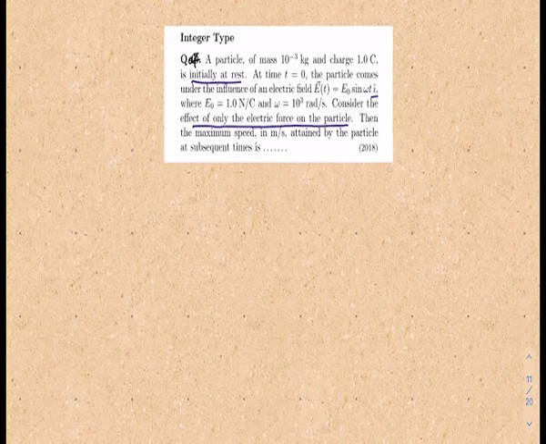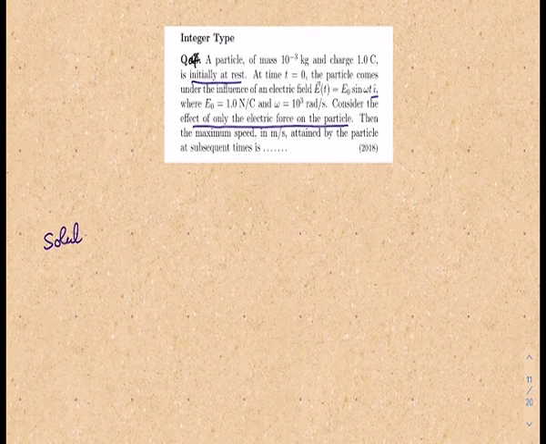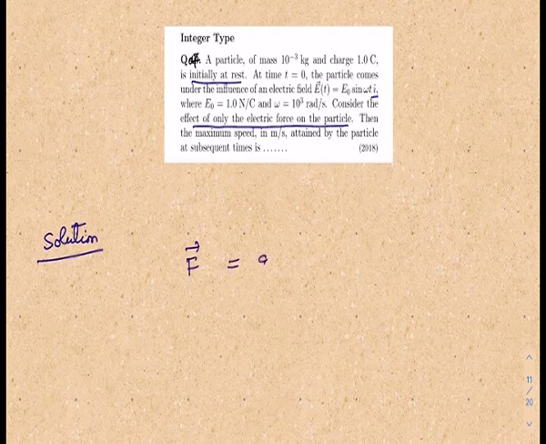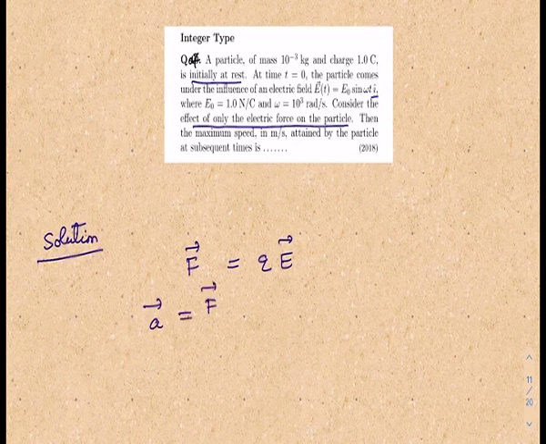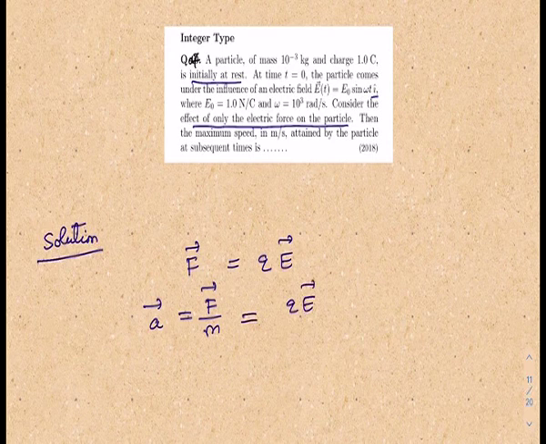Okay, let us do this problem. It was asked in 2018 JEE Advanced. So the force on the particle due to the electric field is simply Q into E. Now we have to find out the speed or the velocity basically. So from here you know the acceleration, that is F by m, and it is Q E by m.